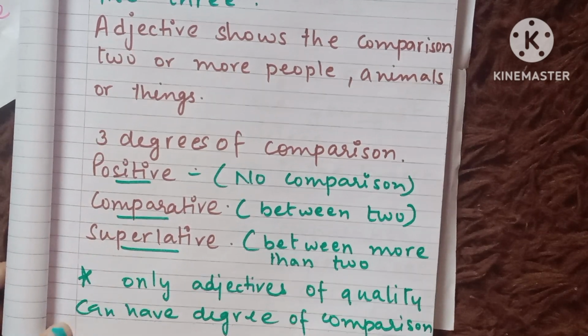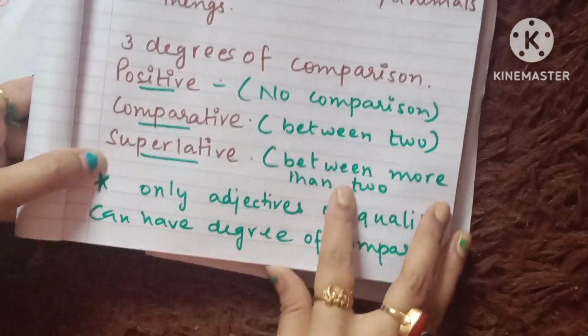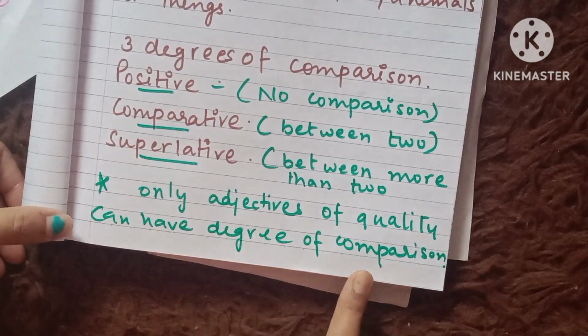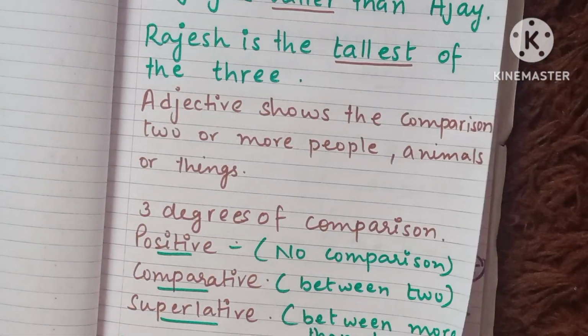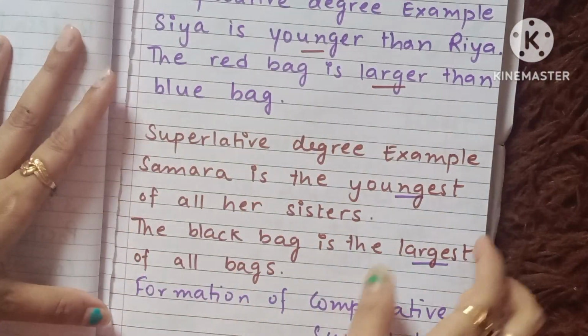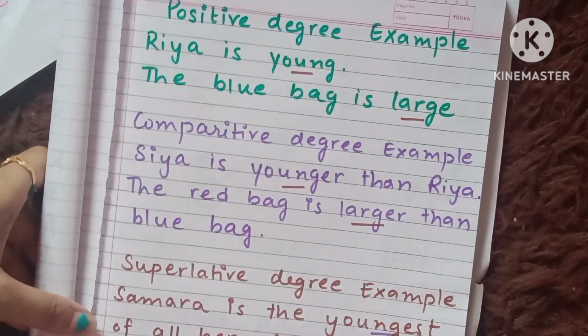So let us see. Only the adjectives of quality can have this degree of comparison. Quality is this only: tall, young. Now let us see a few examples and how to change them.